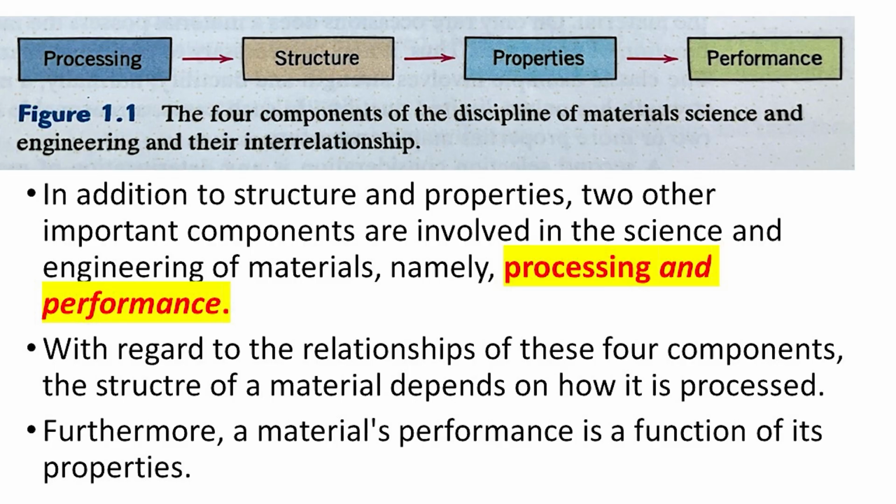In addition to the structure and properties, two other important components are involved in the science and engineering of materials, namely processing and performance. With regard to the relationship of these four components, the structure of materials depends on how it is processed. Furthermore, materials performance is a function of its properties.